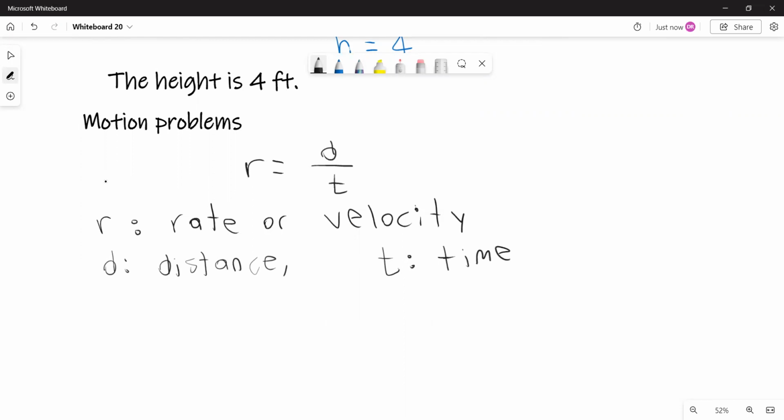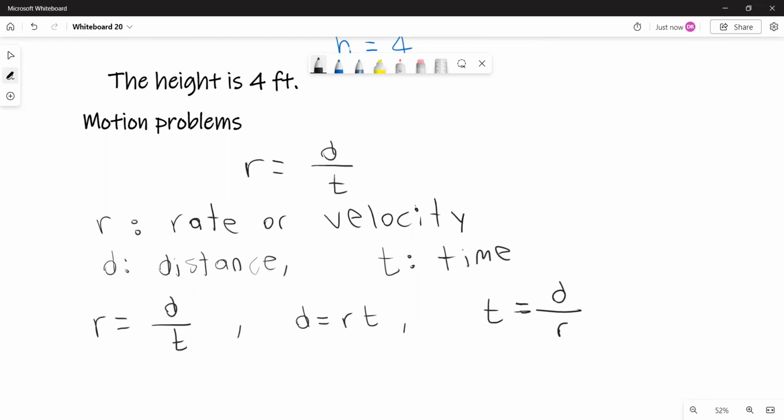So velocity is distance over time. We can write this in different ways. Velocity is distance over time, or distance is velocity times time, or time is distance over velocity. So we can solve this formula for any of the variables.